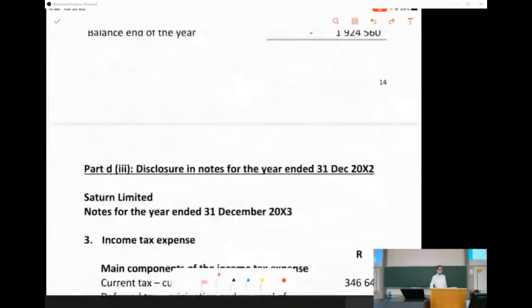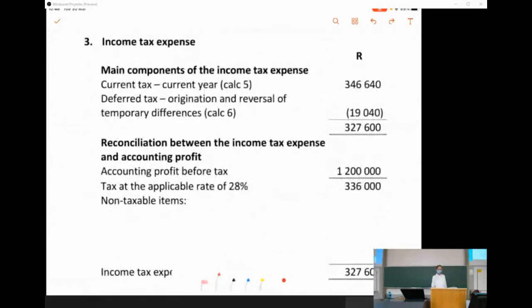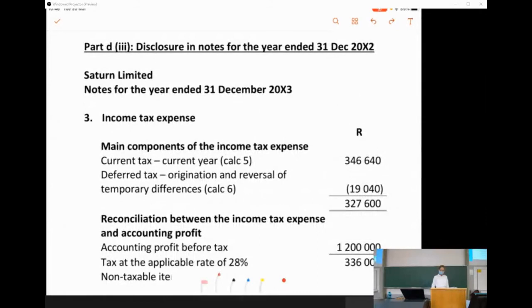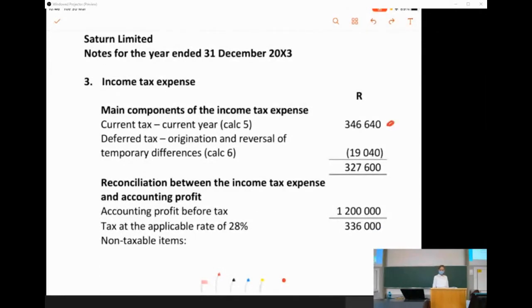Yeah, so where's our income tax expense note? Let's quickly look at that. Okay, so main components of the income tax expense. Yeah, so for X3, there's my current tax that we calculated. Well, we didn't calculate it, but it's there in Calc 5. It was just the accounting profit. We didn't have any depreciation or wear and tear or anything. Oh, we did do the current tax. Yeah, sorry, I'm wrong. So there's our current tax that we calculated.